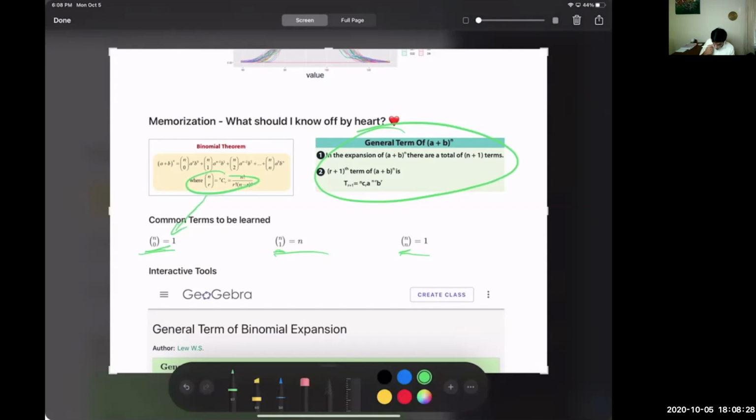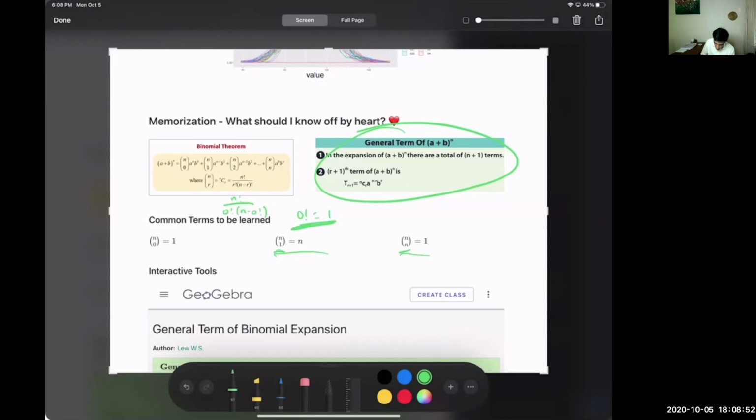For example, let me do this right now and show you. If we take n and 0 here, then we get n factorial over 0 factorial times n minus 0 factorial. 0 factorial is actually equal to 1.